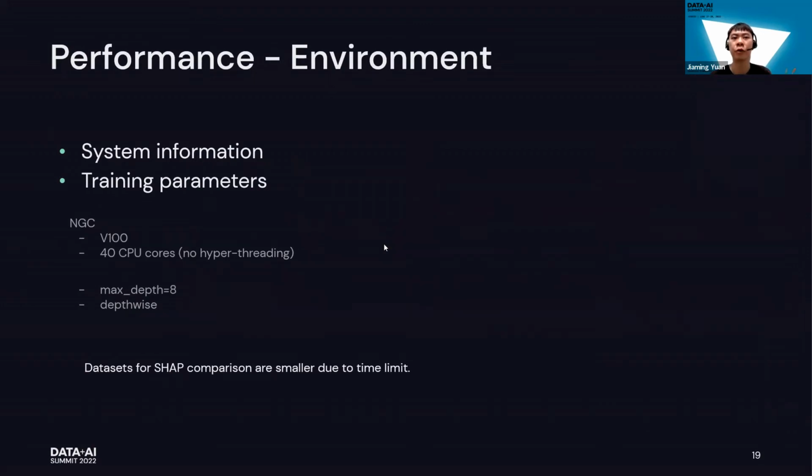I will show some performance comparisons in the next slide. This is about the platforms that we use for those comparisons. We compare the GPU implementation with the CPU implementation on V100, and the CPU implementation is running on 40 CPU cores without hyperthreading, so they are physical cores.